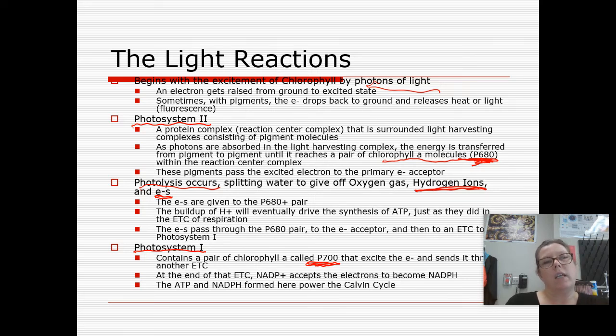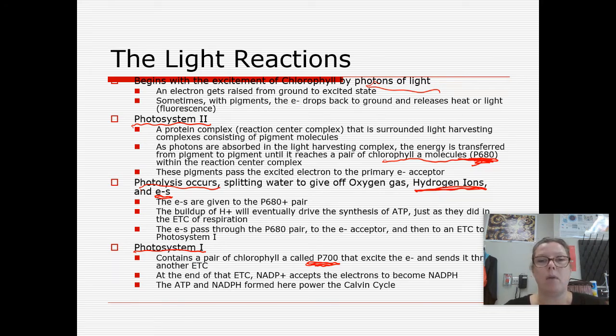So essentially, you get light striking a leaf, you get resonance where electrons get excited in neighboring pigment molecules until you reach this special photosystem 2. And at photosystem 2, that's where photolysis is going to occur. And when photolysis occurs there, the electrons from water are going to get passed to the P680 pair.